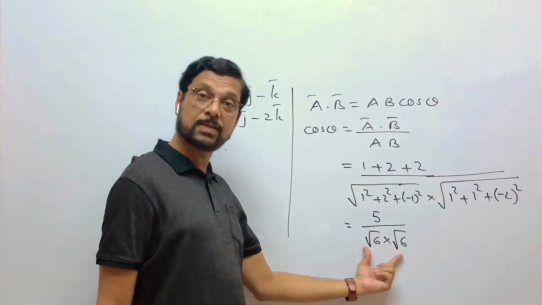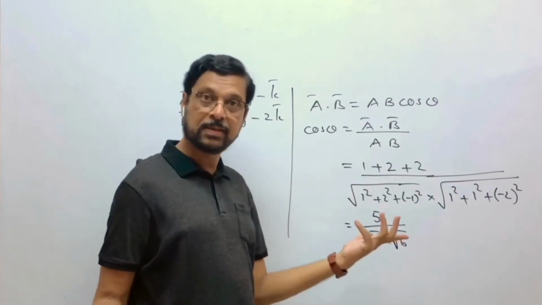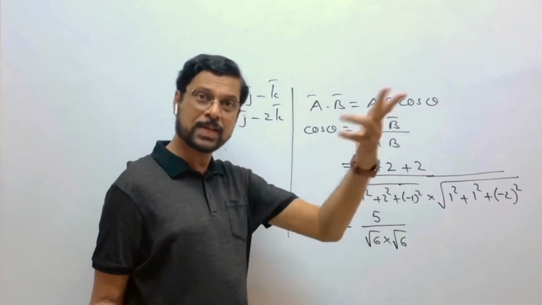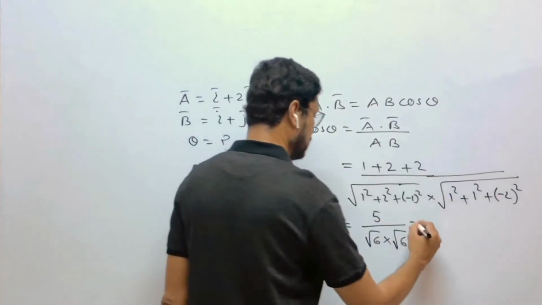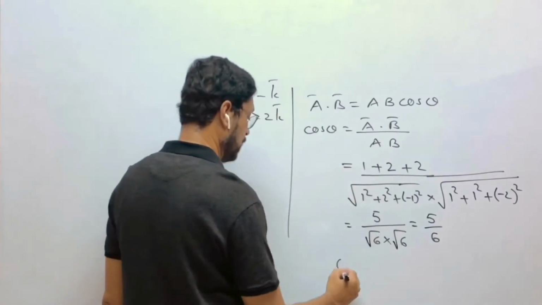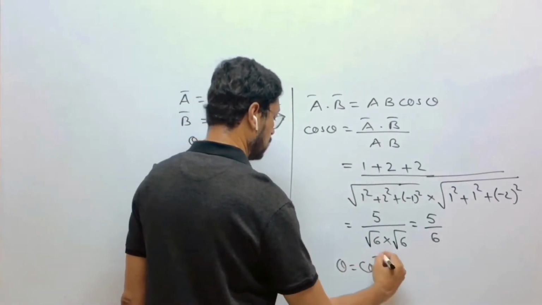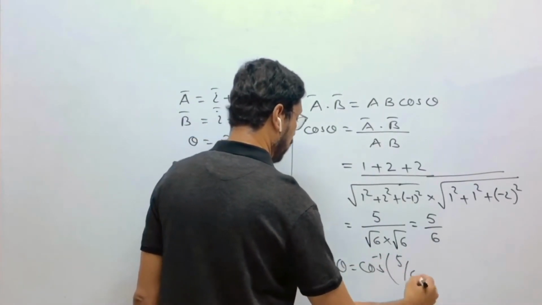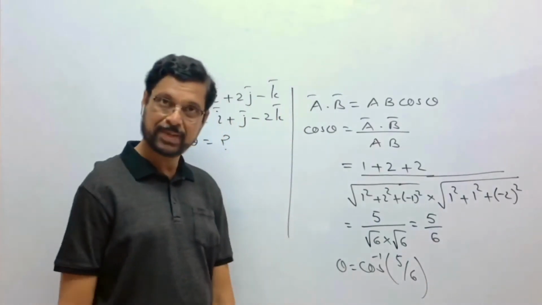Root 6 into root 6 is 6. Root 6 square means 6. So that is 5 by 6. So theta will be cos inverse of 5 by 6.